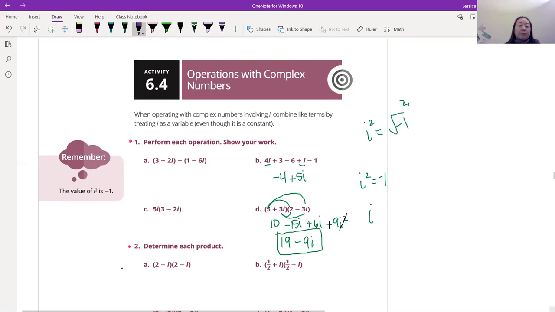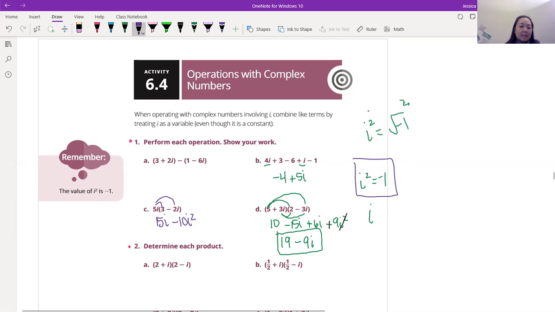And if you notice right here for C, we would just distribute like how we would normally distribute, and this is going to be 15i. And then 5i times -10i is going to be -10i squared. So what happens when it's an i squared, right? Remember we said that i squared is -1.